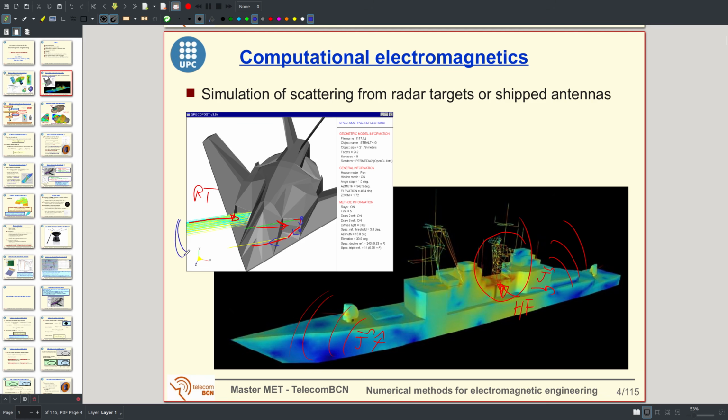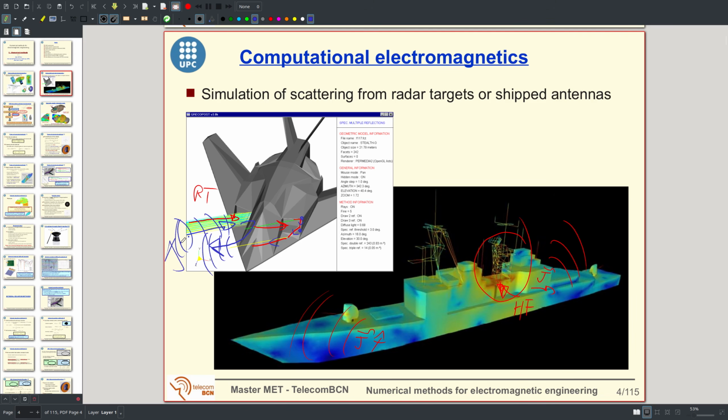Imagine that there is a radar here, and the radar produces a field that hits the target and is scattered by the target. The echo, the scattered field, goes back to the radar, and the radar measures the scattered field and detects a target.